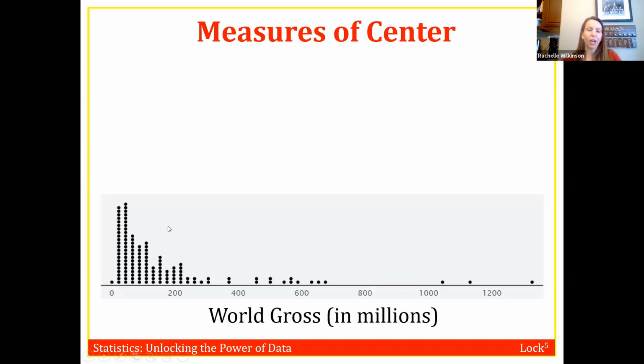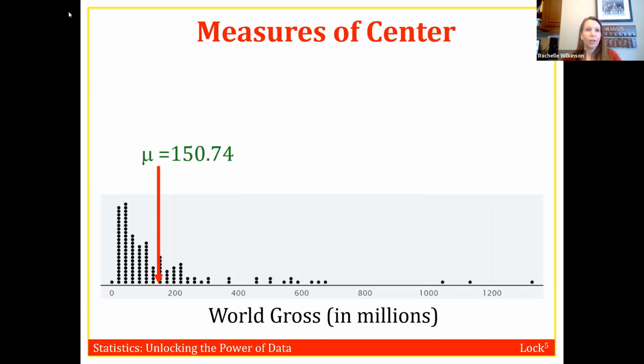Okay, so here's that dot plot again of all that world gross for the movies. We talked about how Harry Potter was this movie that's way over here that made billions of dollars in 2011. It was the highest grossing movie of 2011. Besides Harry Potter, there are also other really big outliers as well.